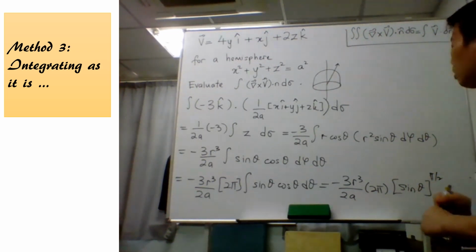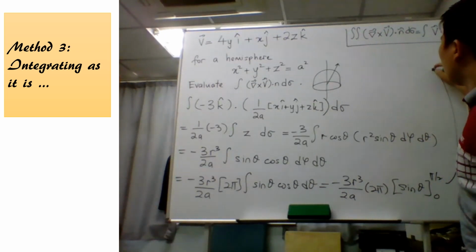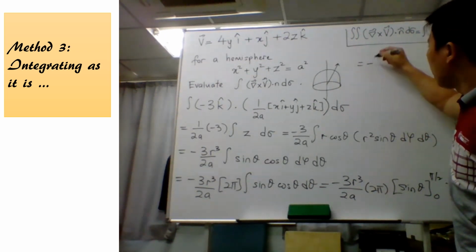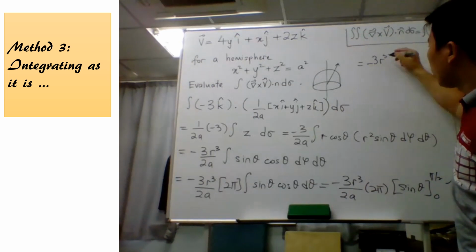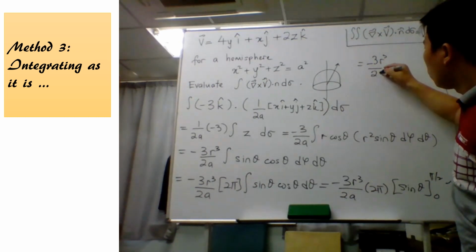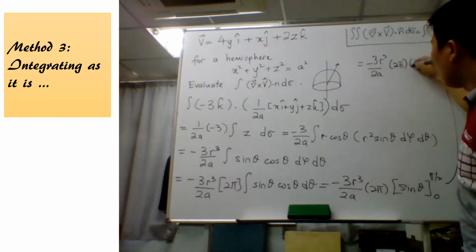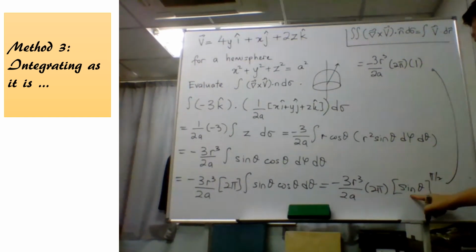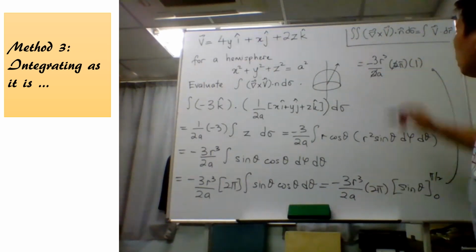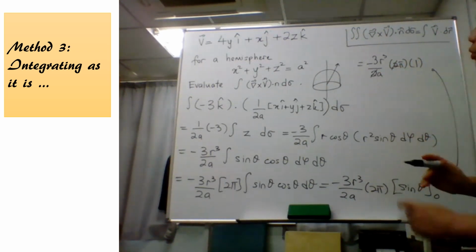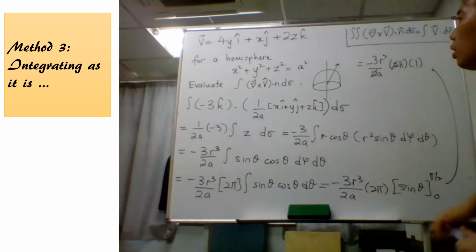So I have 1 over here. So here I will have minus 3 r to the power of 3 over 2a and multiply with 2 pi times 1, because sine pi over 2 is equal to 1. So now if I cancel this and this, if you remember from our equation, my r is equal to a.